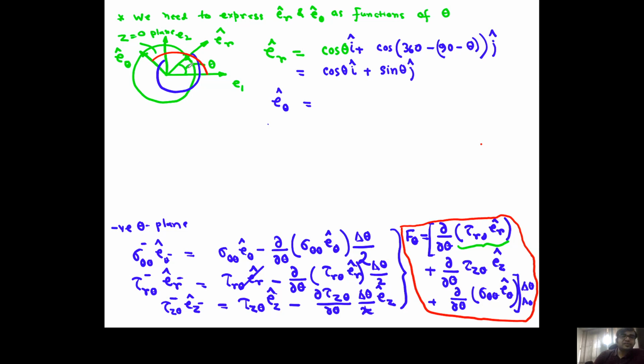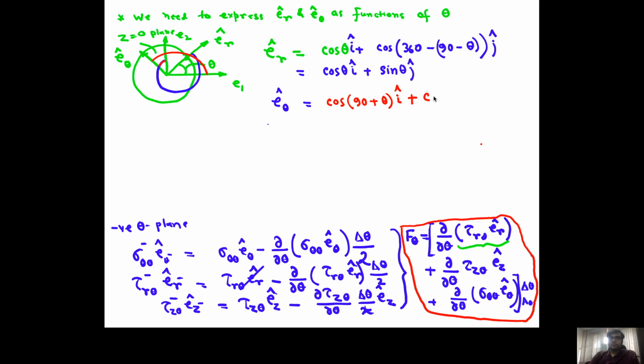So if this angle is theta, this angle is also theta, and this angle is 90 plus theta. So cos of 90 plus theta I cap, then plus cos theta j cap, since the angle between this is theta.